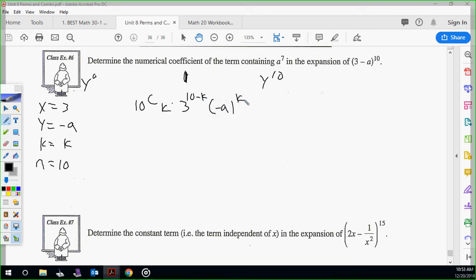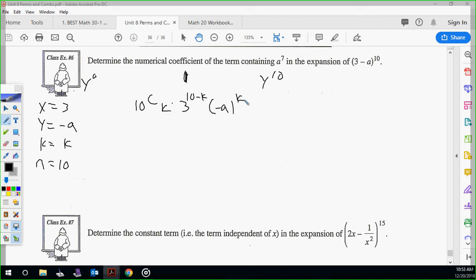We don't know what a is. Yeah, a is a variable. Right, so we want a^7. So what does that mean? There's no other a's, right?